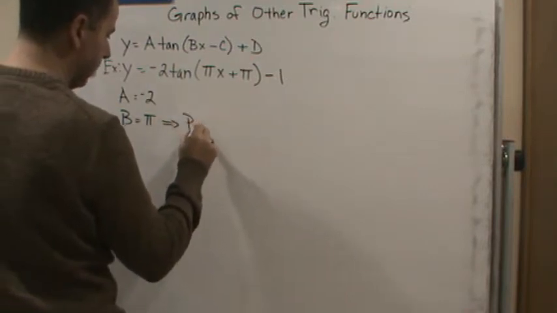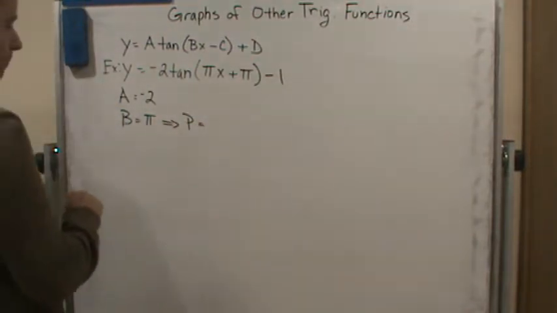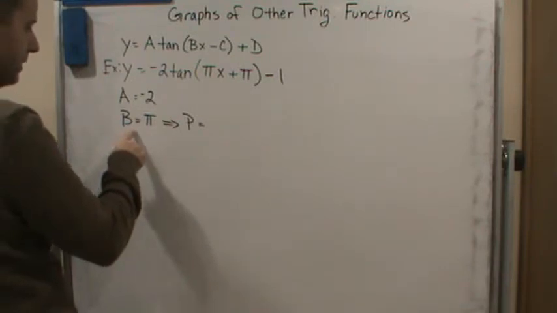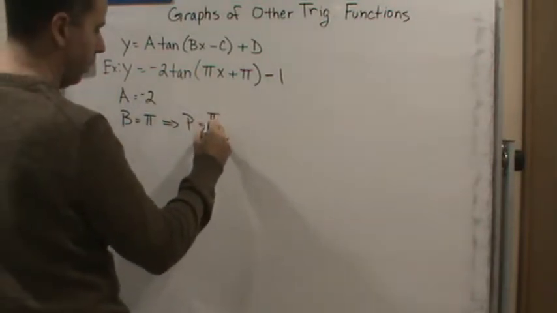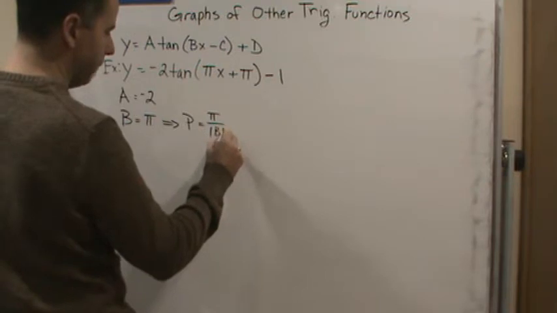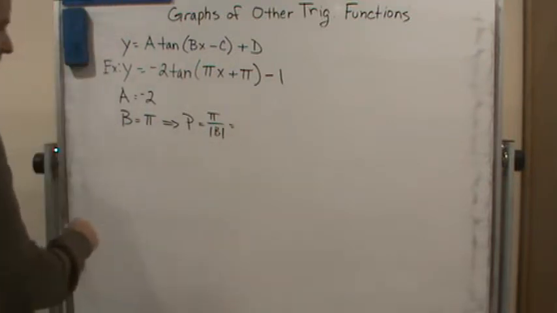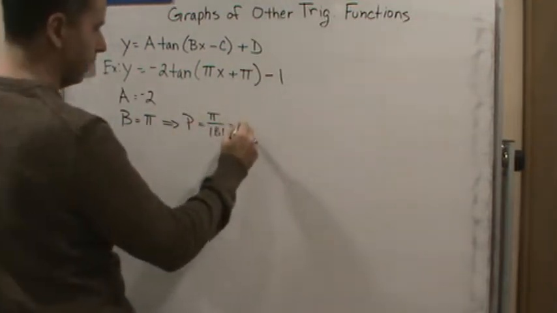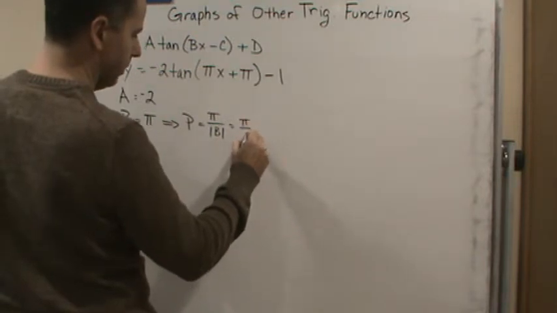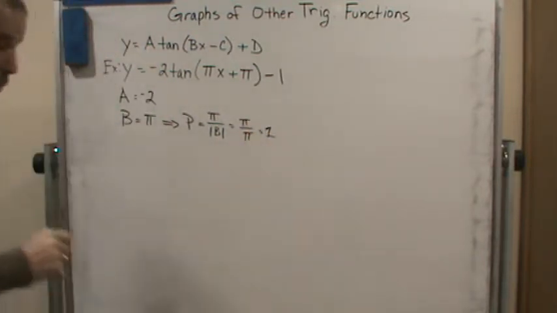The period is pi over the absolute value of B, which in this case is pi over pi, so the period is 1.